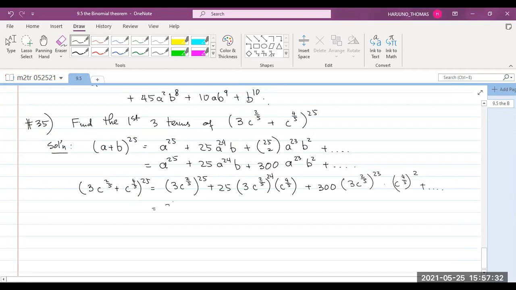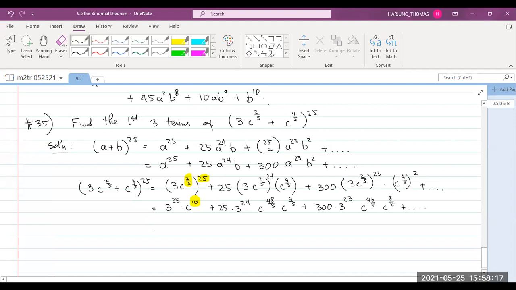This is 3 to the 25th times c to the 10th, right? 2/5 times 25. Plus 25 times 3 to the 24th, c to the 48 over 5, c to the 4/5, plus 300 times 3 to the 23rd, c to the 46 over 5, c to the 8 over 5.